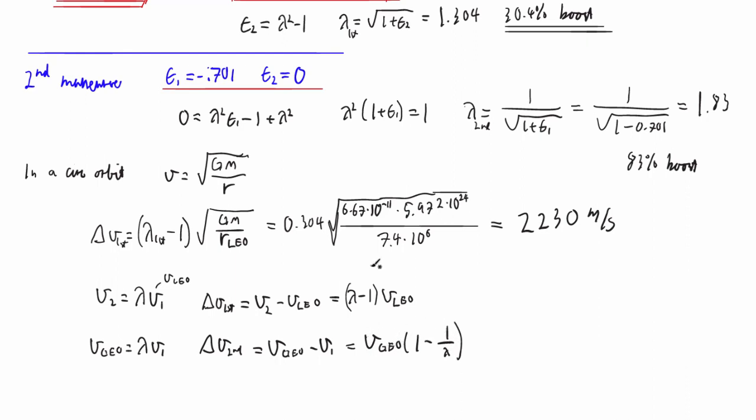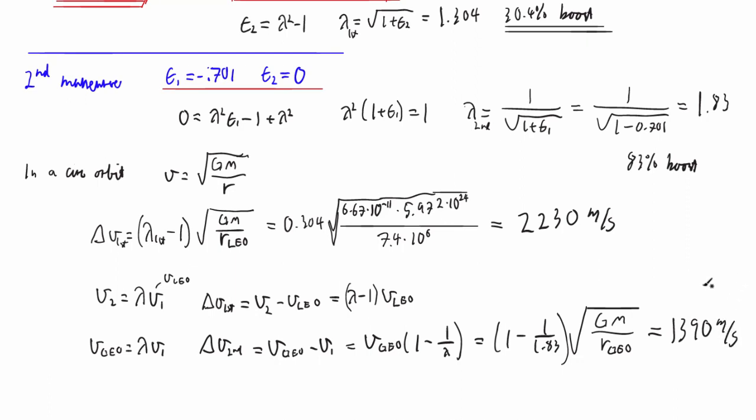v GO is otherwise given by the same thing here, so we get 1 minus 1 over 1.83 times the square root of GM divided by r GO, and a little bit of plugging in then gives us 1,390 meters per second.